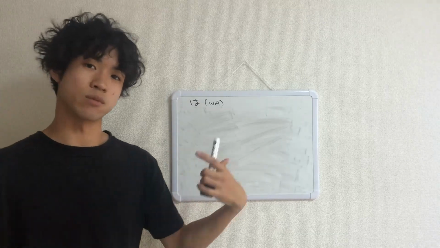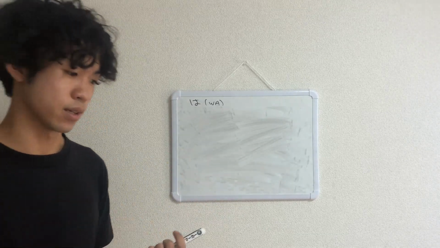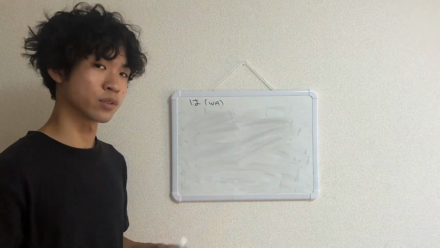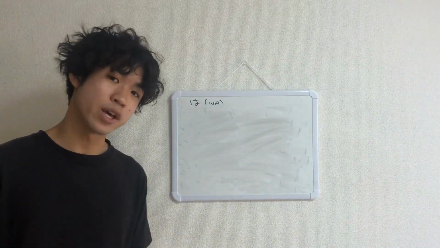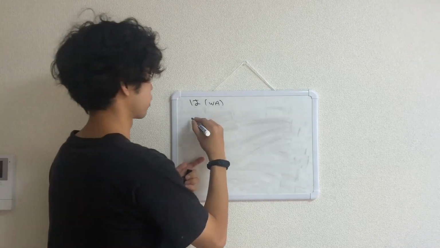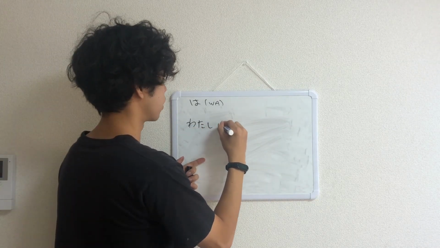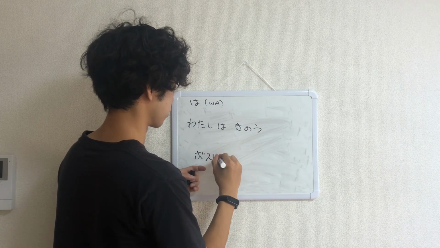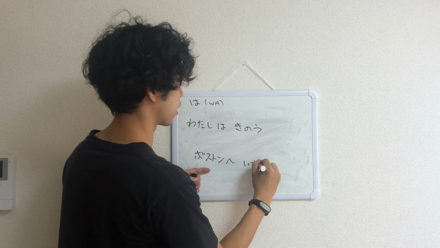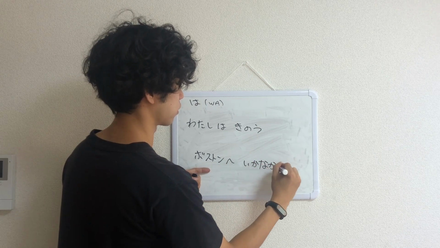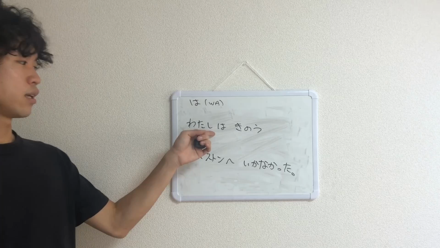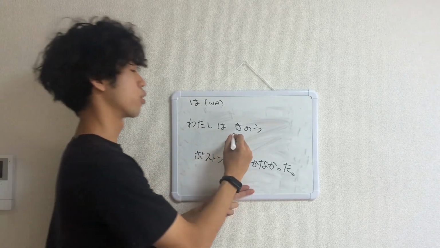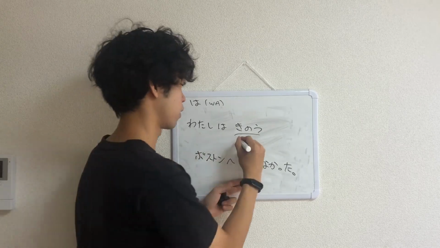Now here's when wa gets really advanced. Let's look at negating with wa, using not. Example: 私は昨日ボストンへ行かなかった。I, topic marker, hopefully you know it now. 昨日, yesterday.